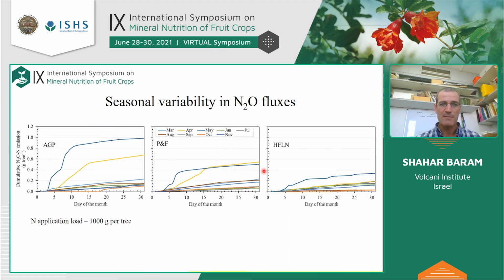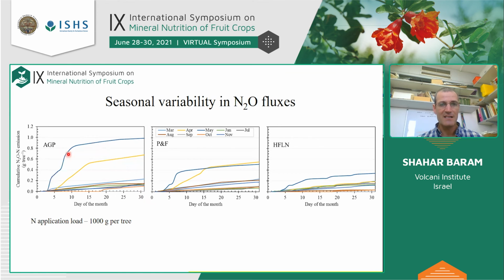And you can see, as expected, the 3 different treatments here, and the cumulative emission over the season. Overall, the applied N load was around 100 grams per tree, 1 kilo per tree, roughly. And you can see that overall, the emission factors were very low.